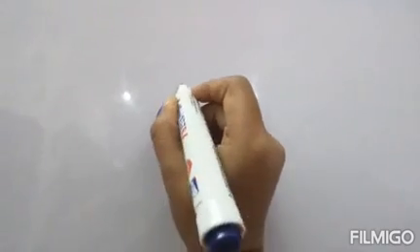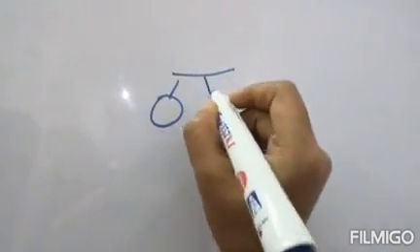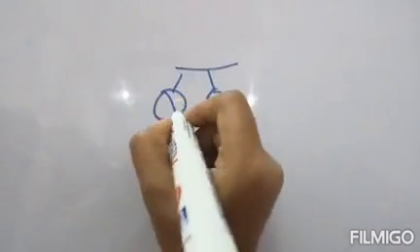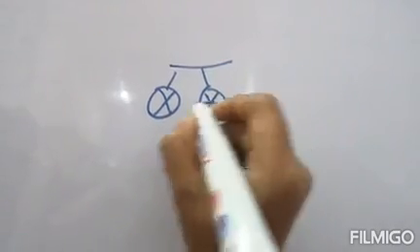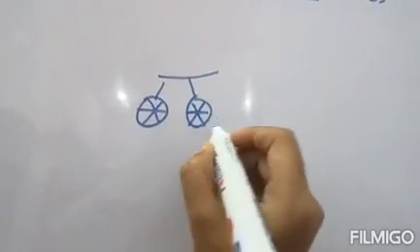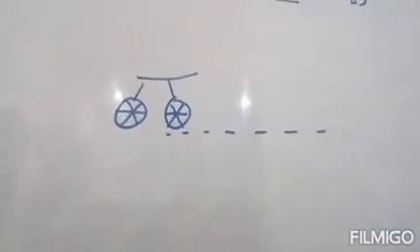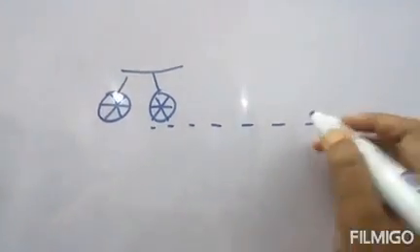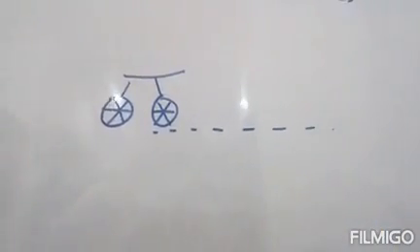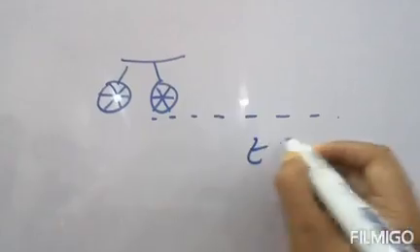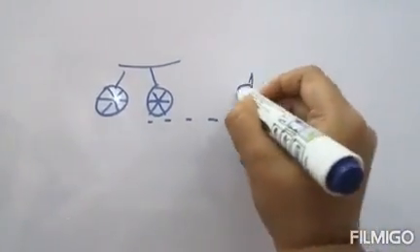First thing, suppose we all know how to ride a bicycle, right? Suppose you are riding a bicycle and you have covered a certain amount of distance in a certain amount of time. Let the time be t and the distance be d.